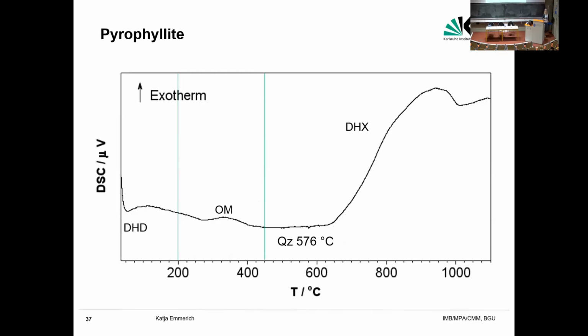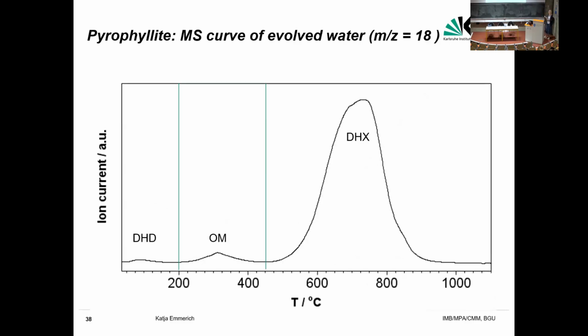This is how a DTA curve of a pyrophyllite could look like. You don't see anything, right? And this is the effect of particle size or compaction, creating an atmosphere within the sample, and then the dehydroxylation takes place over a huge temperature range. With the help of the mass spectrometer curve of the evolved water, now we see the dehydroxylation as expected.